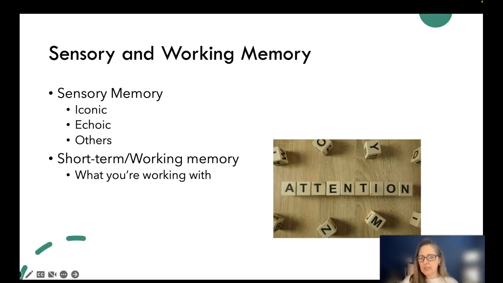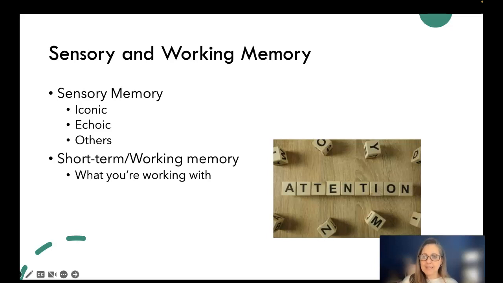And that's probably a good thing because there's a lot of sensory information coming in most of the time. And if we processed all of that, we would be overloaded and overwhelmed. So we tend to be selective in what we process. And the way we process is through attention.